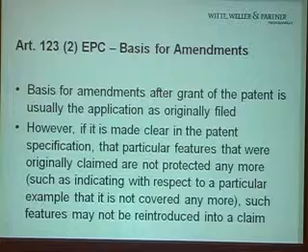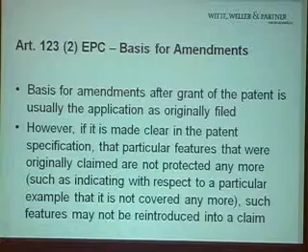So to get the patent granted, you may have to include into the specification a description that these features are not covered anymore. When the patent is granted and there is an opposition, then you would not be allowed to reintroduce these features into the claims.